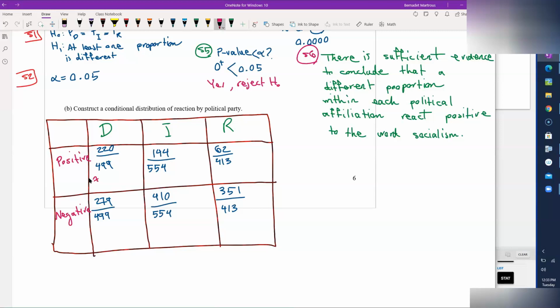So here I have 0.441. Here is 0.559. Here is 0.260. Here is 0.740, 0.150, and finally 0.850.